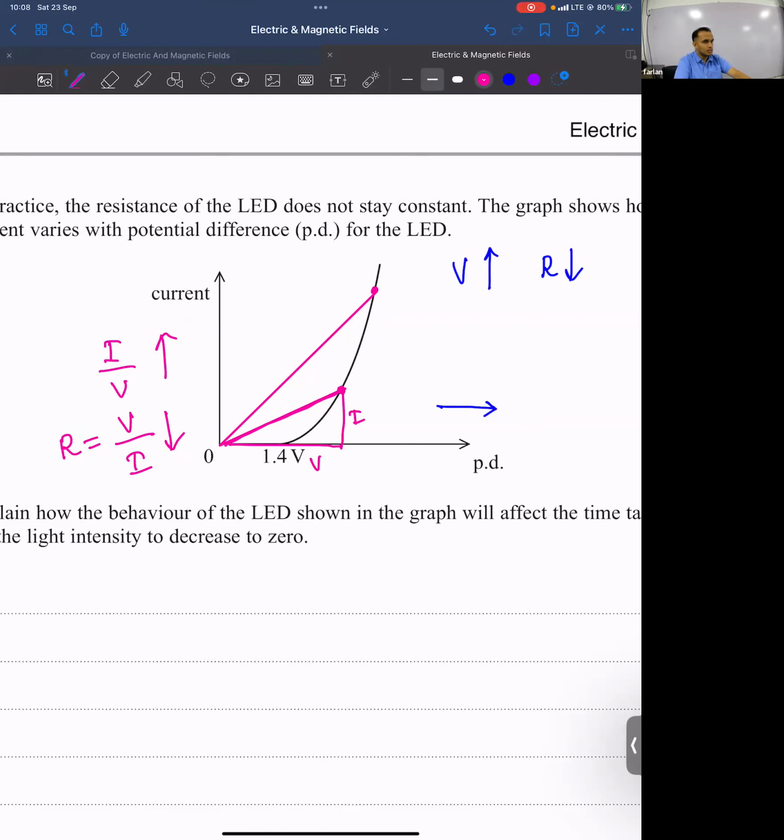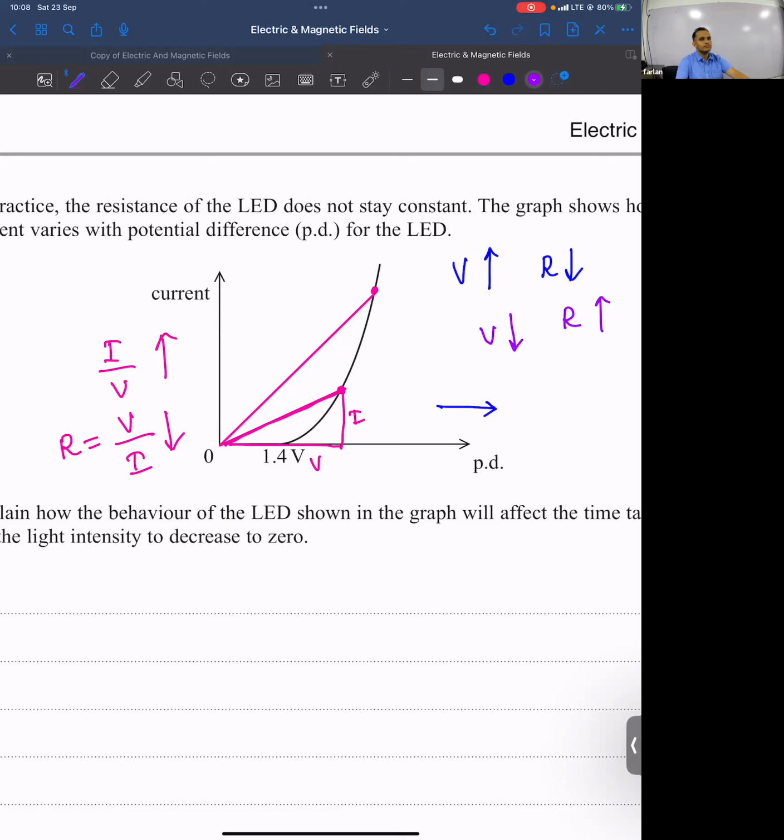Now listen to me. When you switch on this circuit, the voltage across the LED is decreasing with time. Am I right? Voltage across the LED is decreasing means the resistance of the LED will increase with time.